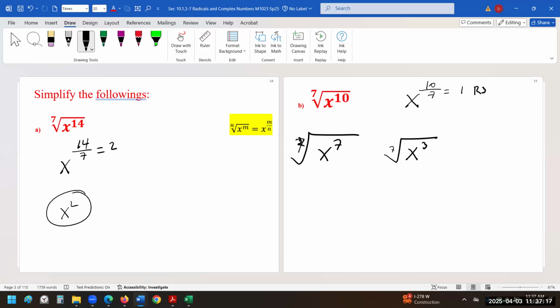You split the 10 x's into 2 pieces: one group with 7, and one group with 3. Now, why do you do this? Because as long as you have the root and power the same number, you can cancel them. So you get your x alone, but the other one, we can't do anything, so we bring it down next to the single one.